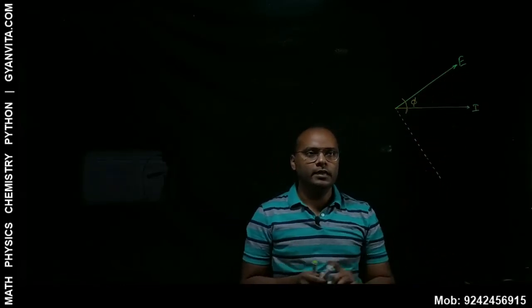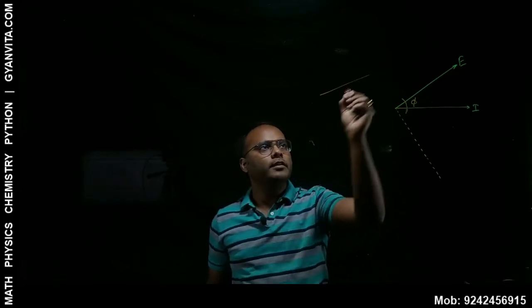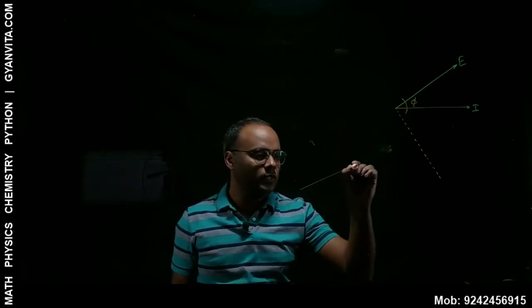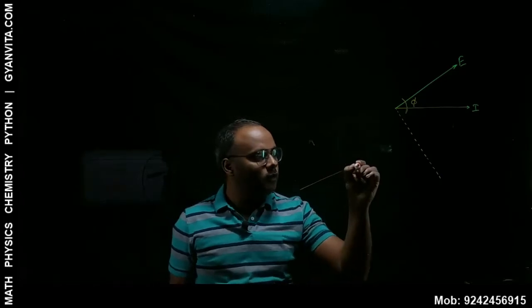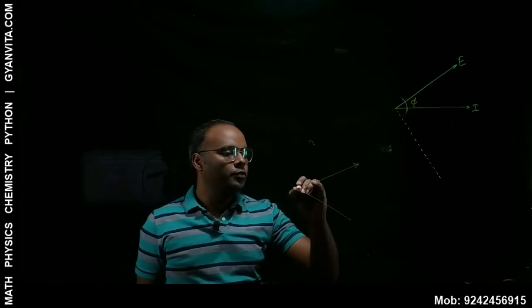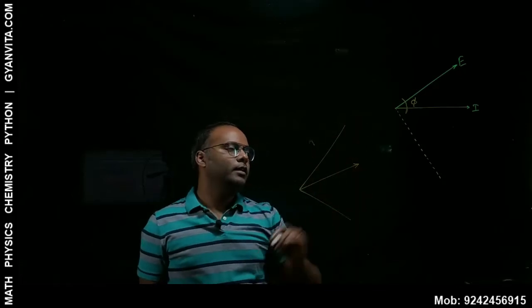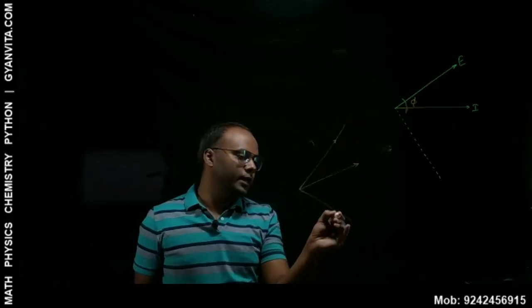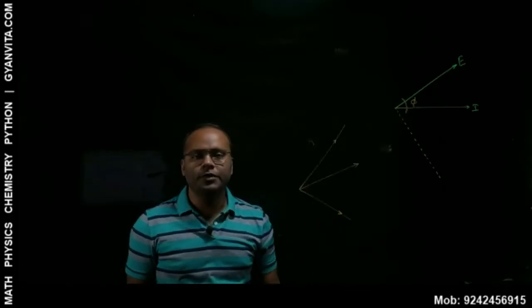Is that clear? So when we have a vector, we can always have its two components, and these components are taken on two axes which are perpendicular to each other.